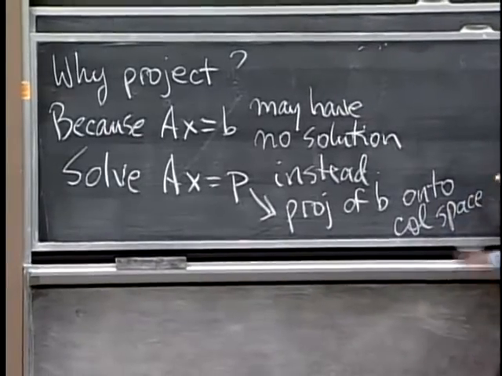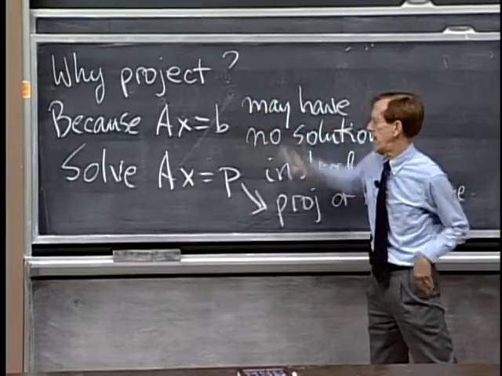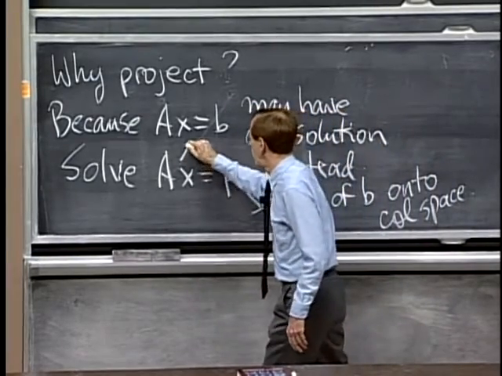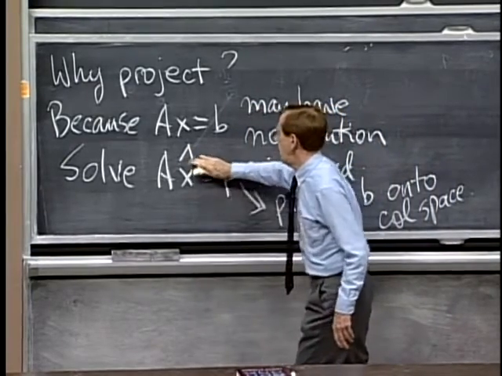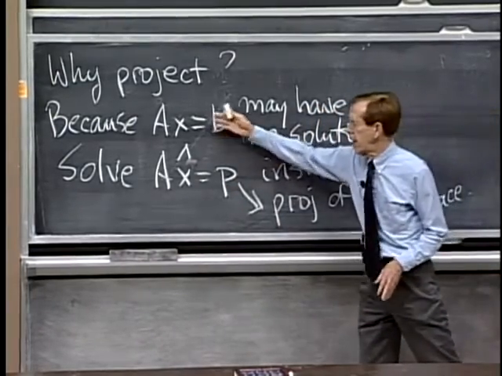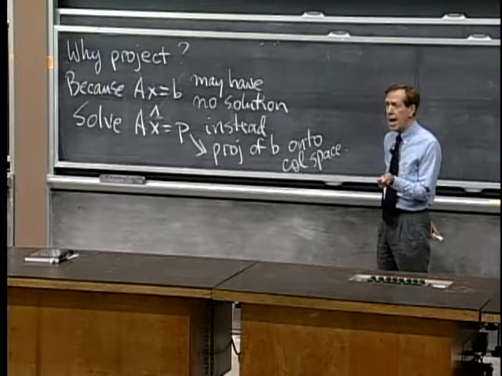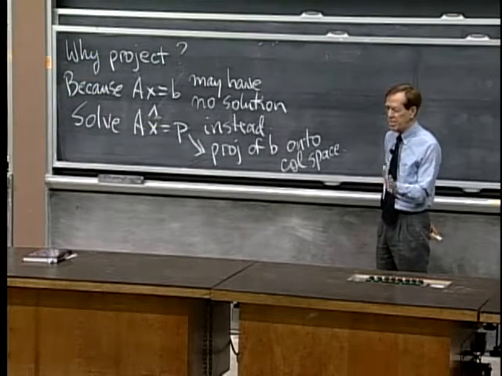That's why I want to be able to do this, because I have to find a solution here, and I'm going to put a little hat there to indicate that it's not the x that doesn't exist. It's the x hat that's best possible.